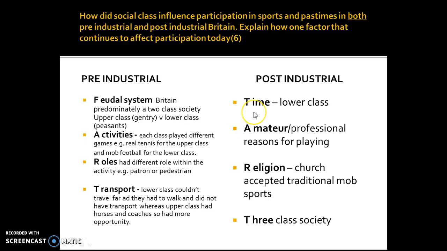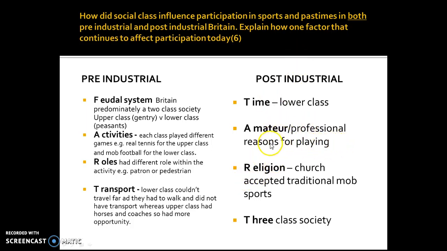So the things that changed: you had this concept of amateur and professional. You had the concept of a gentleman amateur, where they played for the love of the game and not money. Payment was seen as almost a slight on their social status. Whereas professionals were lower class, and they were playing for employment, for money, to make a living.